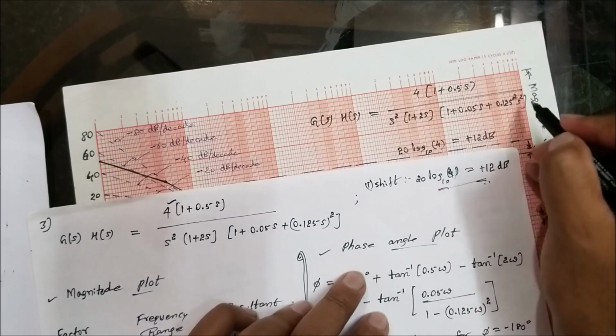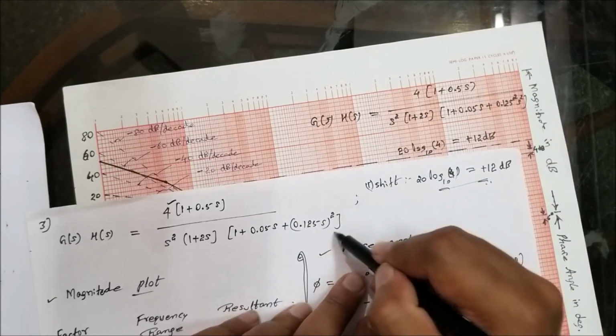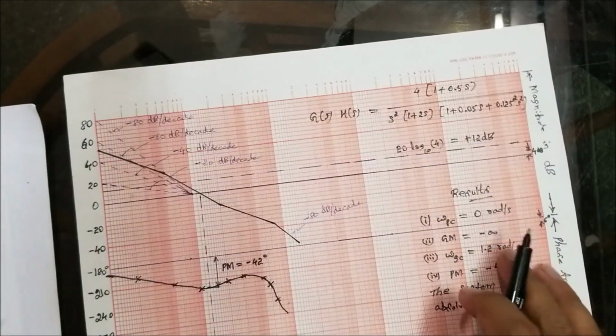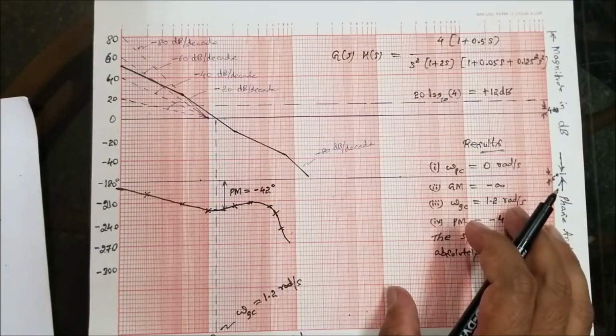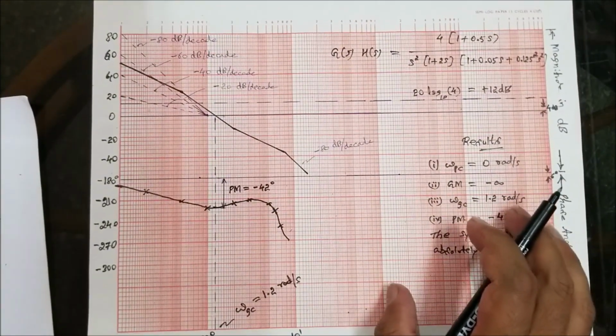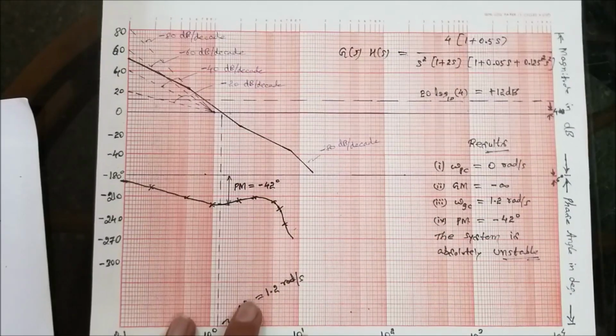So this is the given problem. For this problem we have drawn the Bode attenuation curve and found out that the system is absolutely unstable.